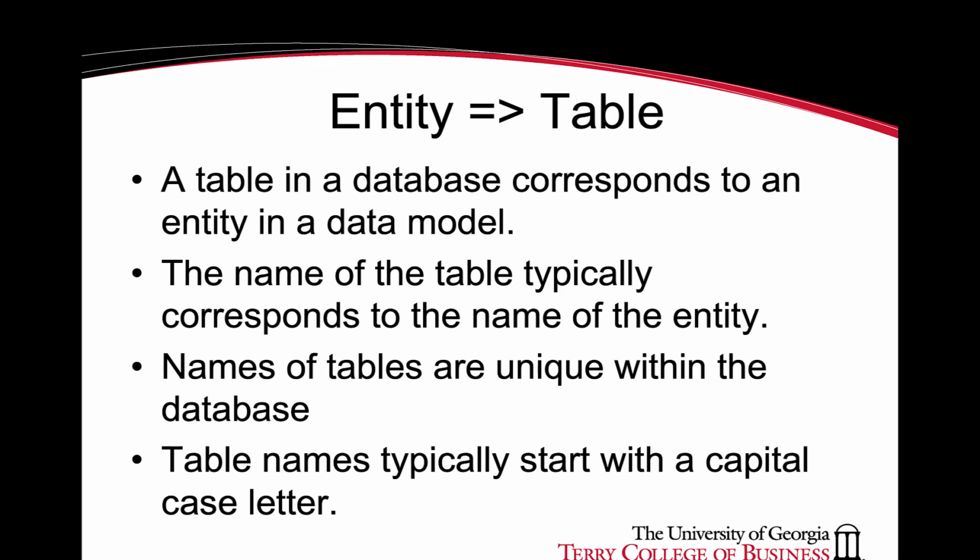In fact, most systems don't allow multiple tables to have the same name. Very frequently, we will come across conventions or rules that typically must be followed when we have names of entities or names of tables. Table names typically start with a capital case letter.